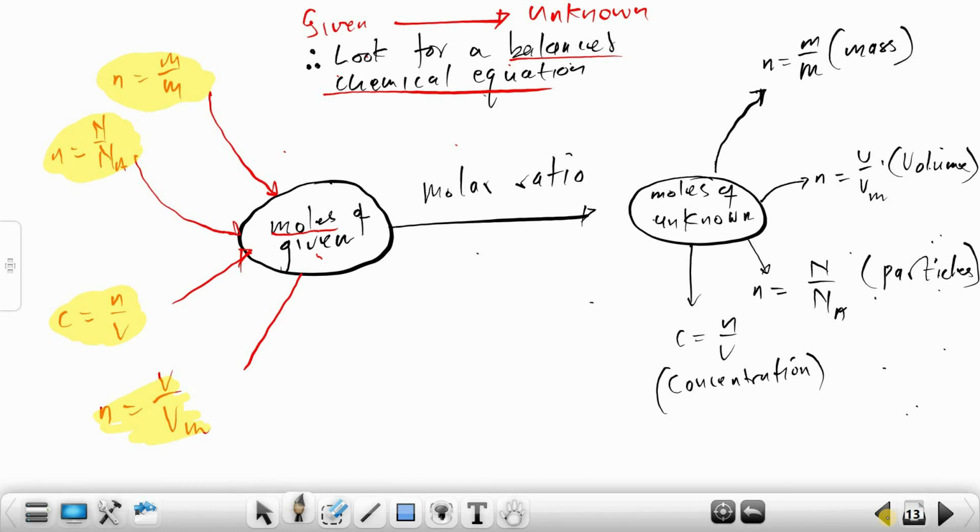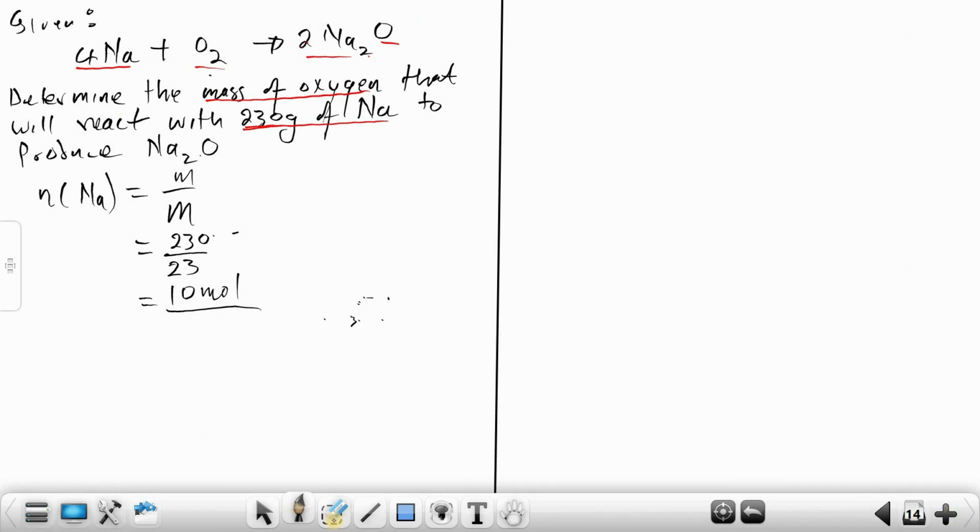So how do I link the number of moles with the molar ratio? Very easy. Take note of this. We say the number of moles of Na over the number of moles of the one that is now in question, the one that is the unknown. Which one is the unknown? It's the mass of oxygen. So it means O2 in this case becomes my unknown.